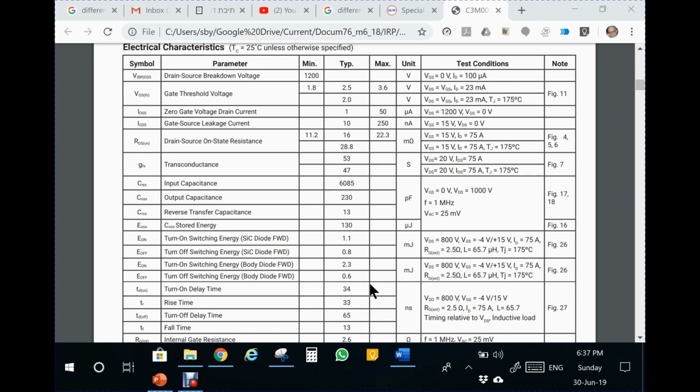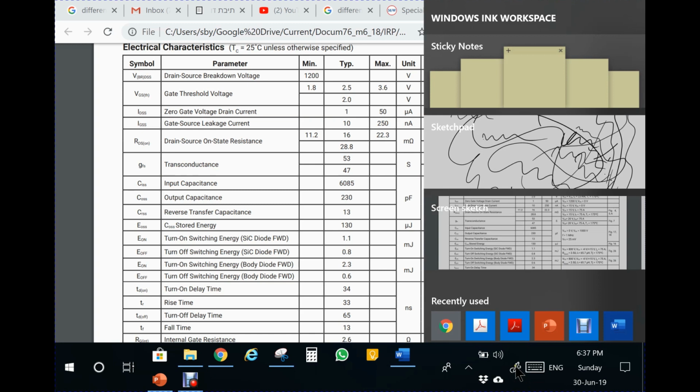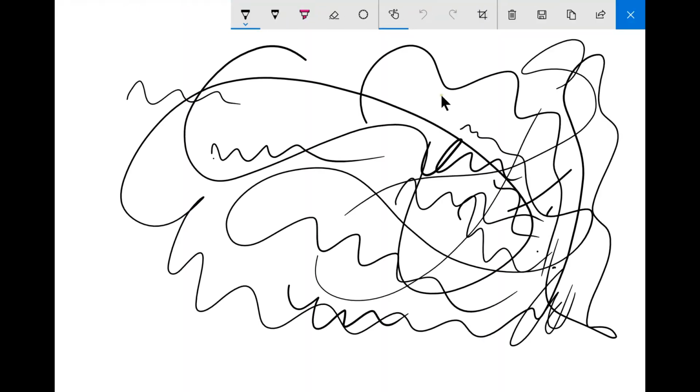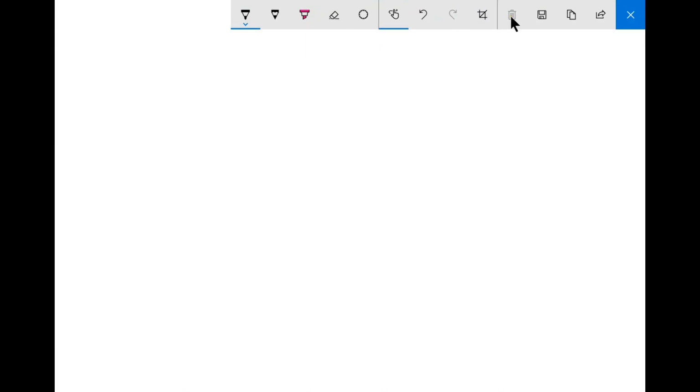Okay, so why is this so important? Again, every time you turn on or off the transistor, this amount of energy is lost or dissipated into the transistor itself.